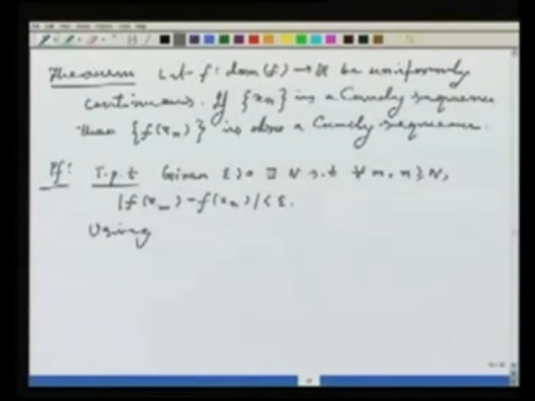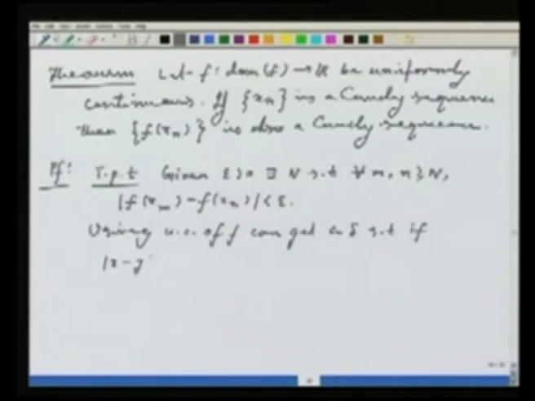Now using uniform continuity of f, I can get a delta corresponding to the given epsilon such that if mod of x minus y is less than delta, then mod of f(x) minus f(y) is less than epsilon. That is the definition of uniform continuity.